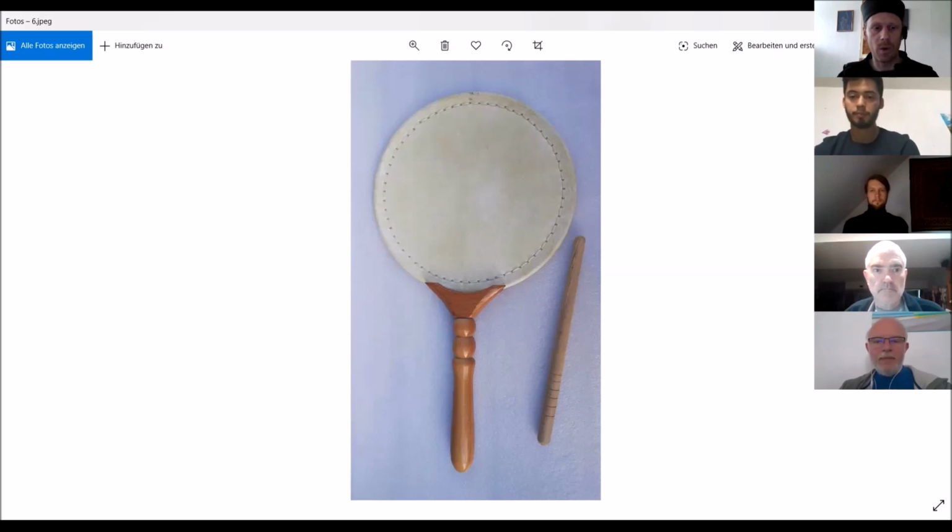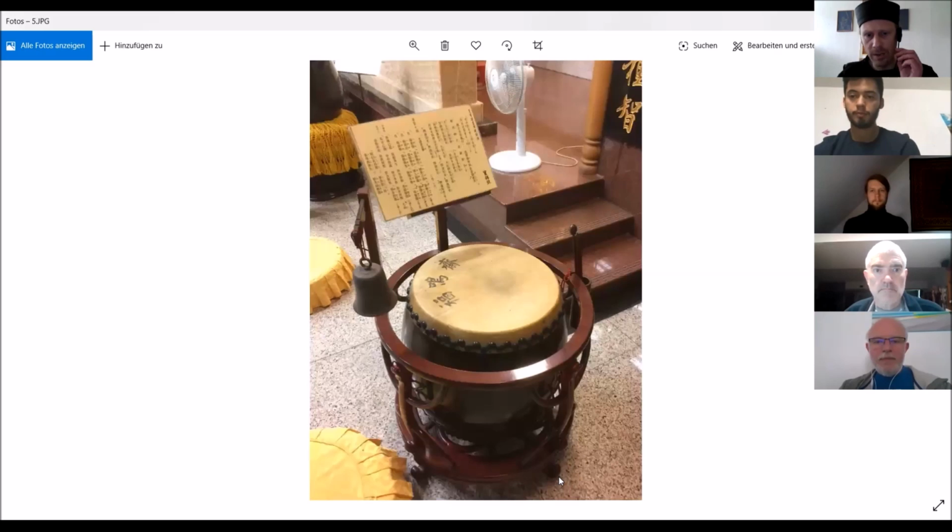The big drum we just saw in the photo before has little wheels attached to the frame, and it can be rolled. But if you are in the mountain, how do you want to roll this on the mountain street? So usually in mountain places where you have to walk around for the ceremonies, you have a little mobile drum.